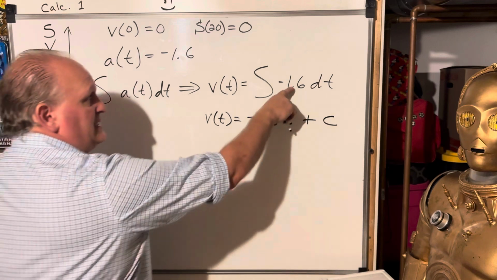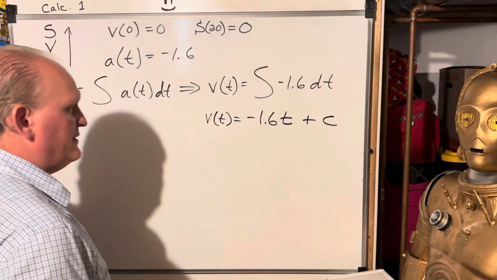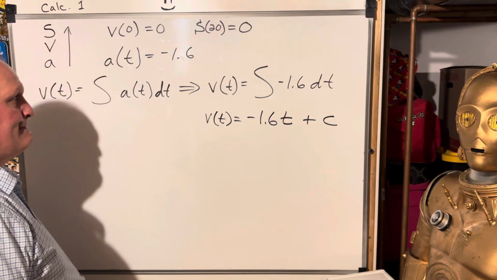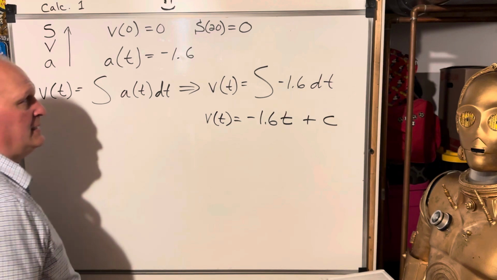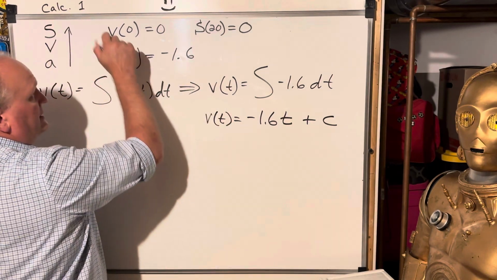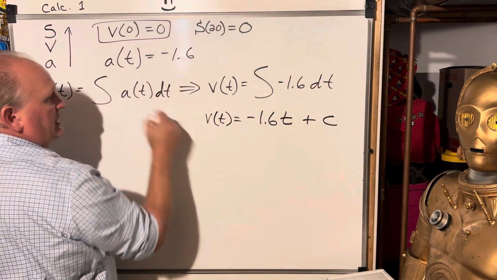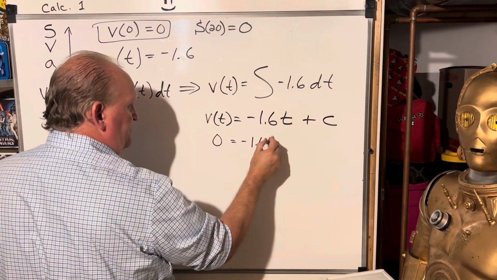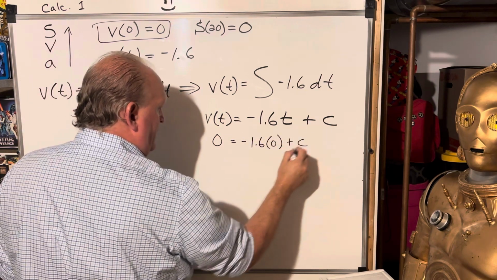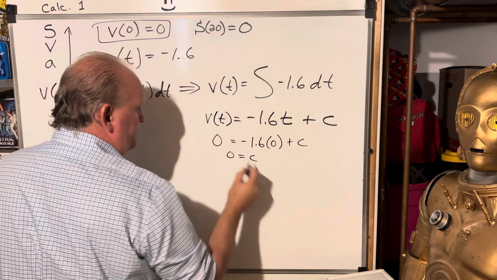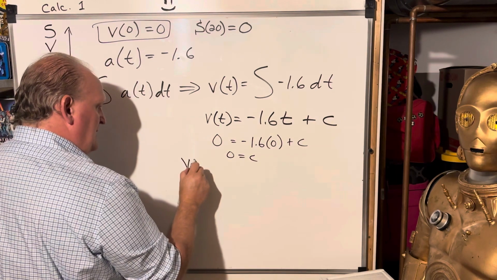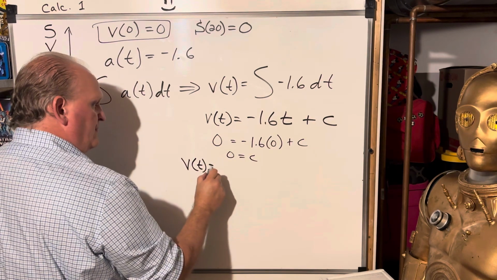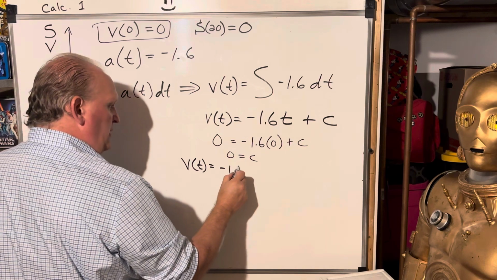So that was pretty easy to do the antiderivative there. Integrate it. Now we know this. So I can put a 0 here and a 0 there. And that means c is equal to 0. So my velocity formula is negative 1.6 t.